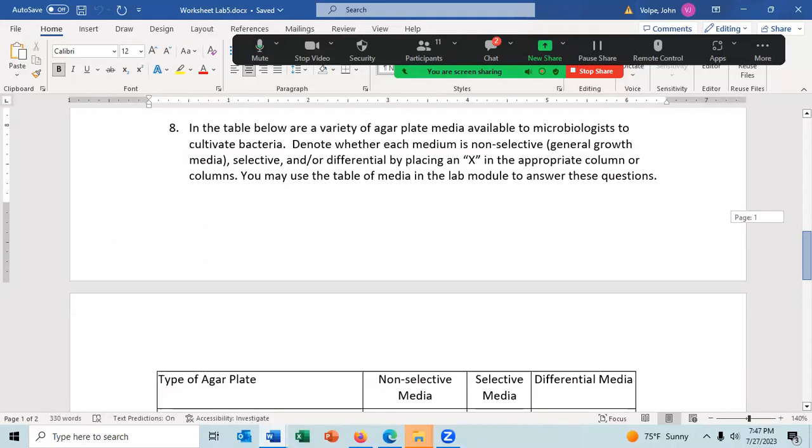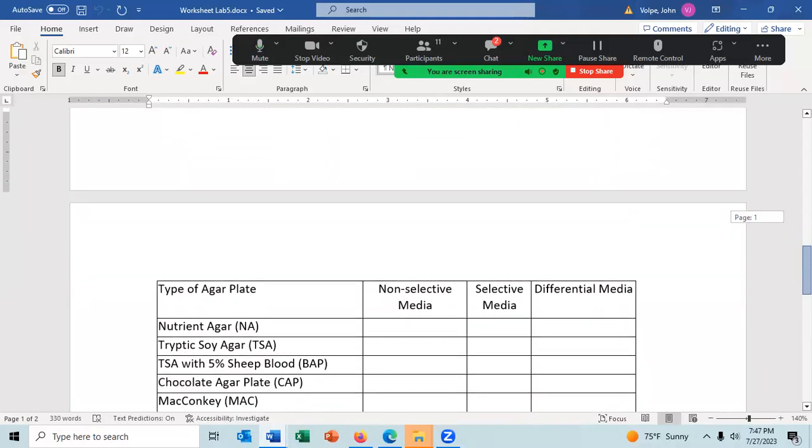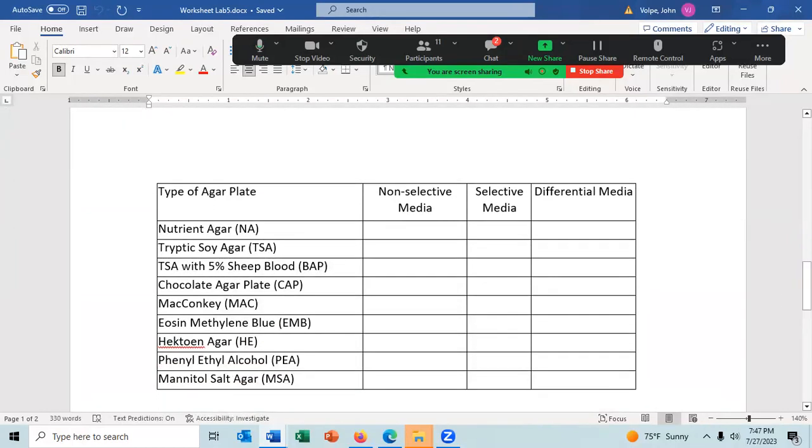You may use the table of media in the lab module to answer these questions. So nutrient agar, if you think it is selective, put an X there. Tryptic soy agar, if you think it's selective and differential, put an X here and here. Obviously I gave you wrong answers, but my point is put the X where you think they are.